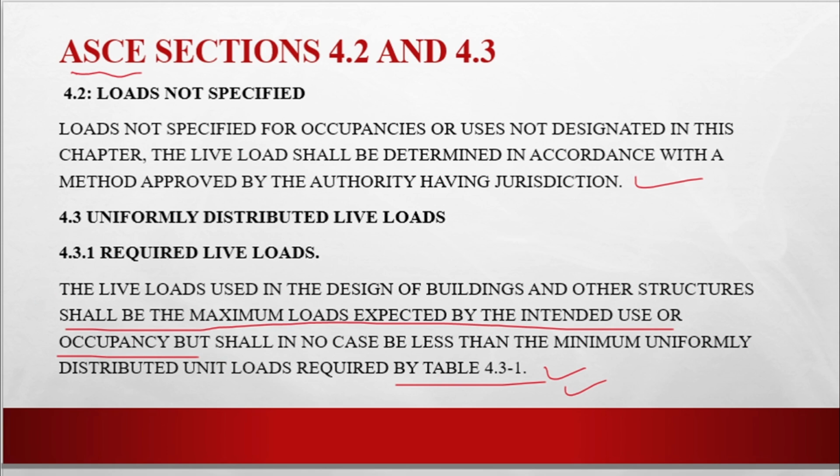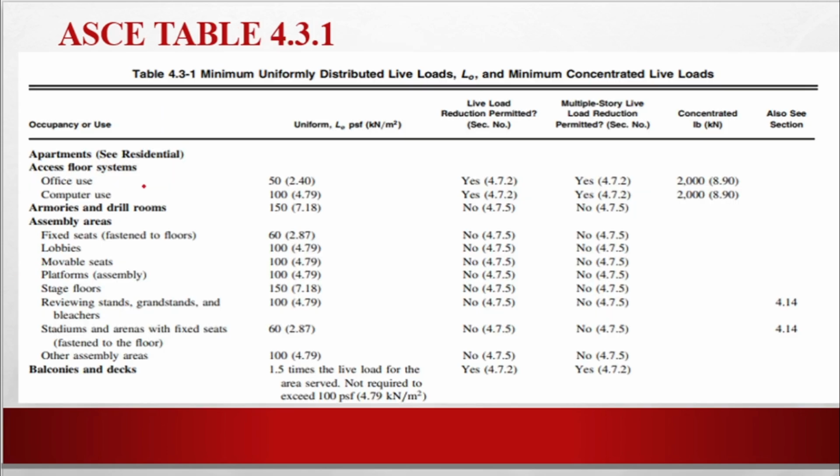Now we will check these tables. These are the occupancy categories. For example, apartments, access floor systems, office use, computer use. And for assembly areas with movable seats, 100 pounds per square foot. Live loads are mentioned in pounds per square foot, as I have discussed in the previous lectures.